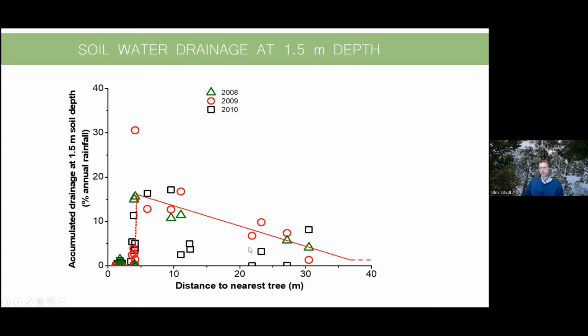So this gives us a rather complex spatial problem. How does this translate over space? So what we did was to try to model this.